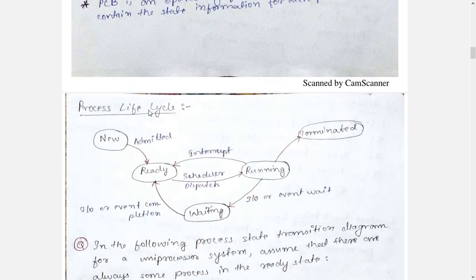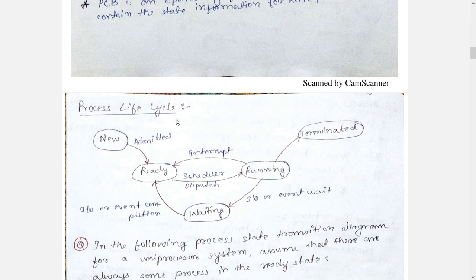Now we see the process life cycle. As I said, program is just a piece of code, but when you execute that program it is taken from the disk and copied into the main memory, and the execution of it is started.